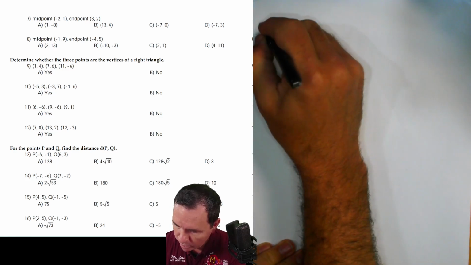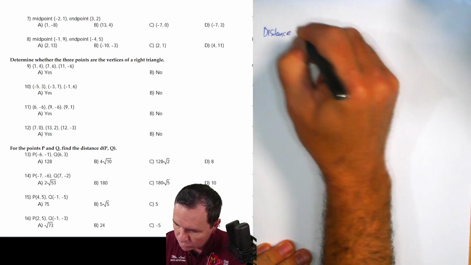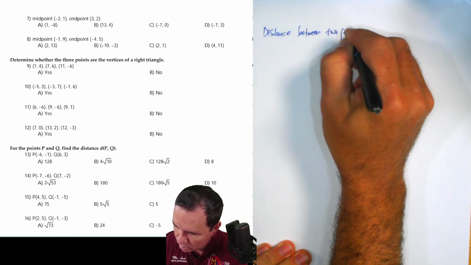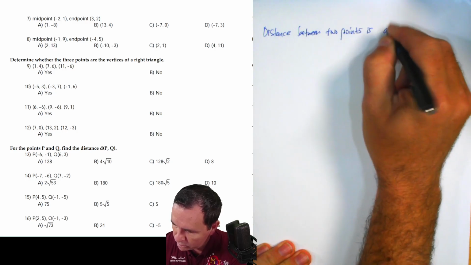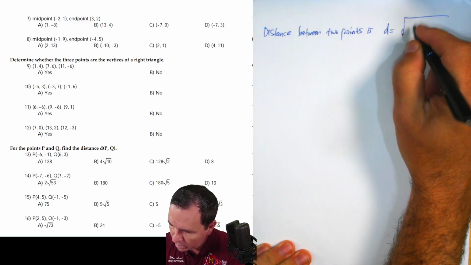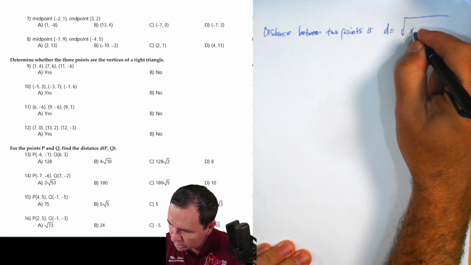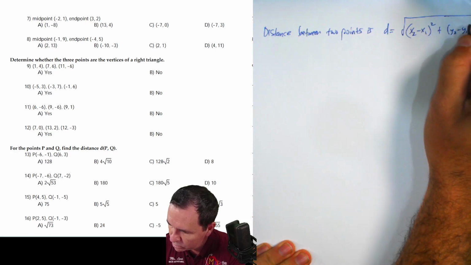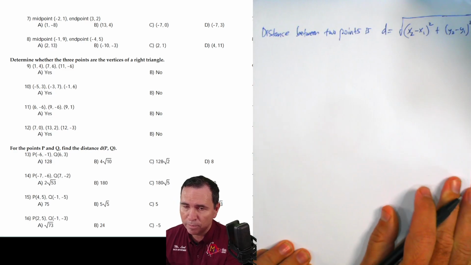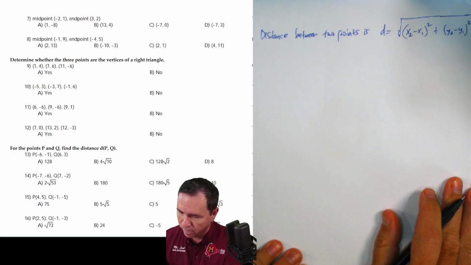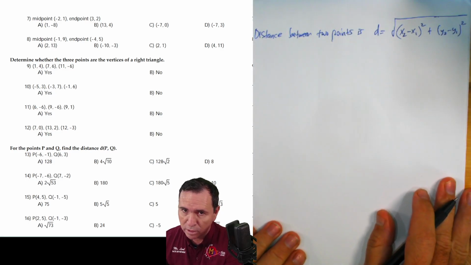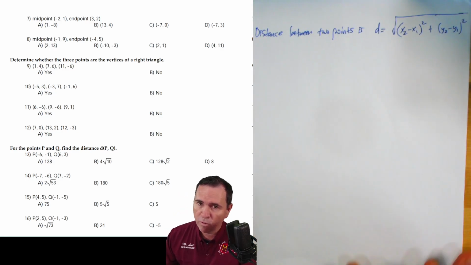So the distance formula, distance between 2 points, is D is equal to the square root of (x2 minus x1) squared plus (y2 minus y1) squared. And this comes from the Pythagorean theorem. Let me move this up a little bit so you can see everything. Okay, that's your formula.